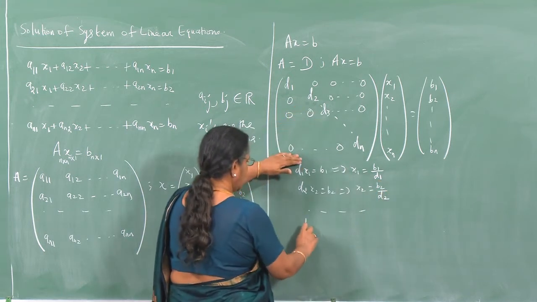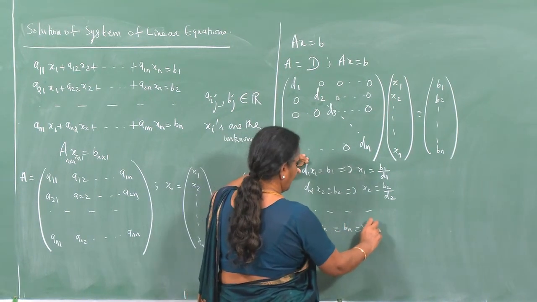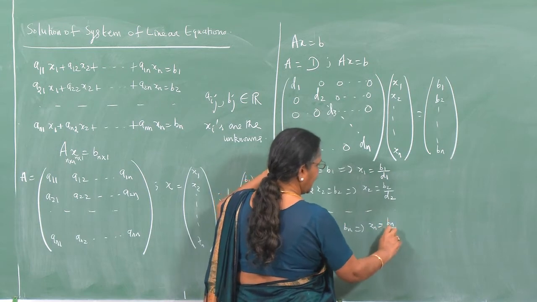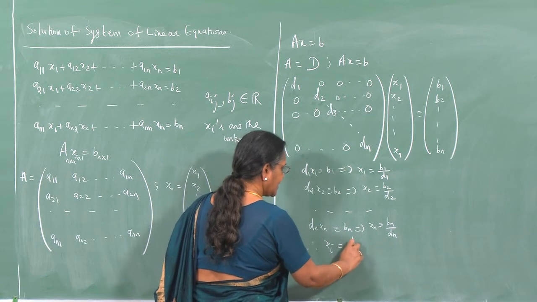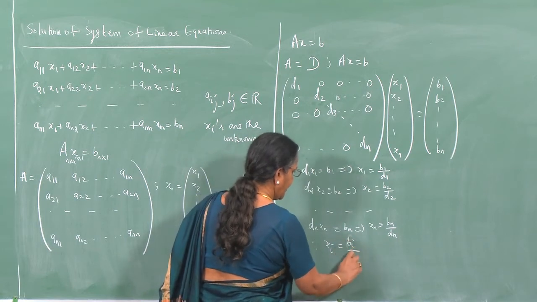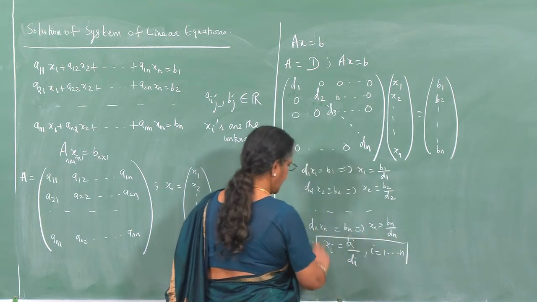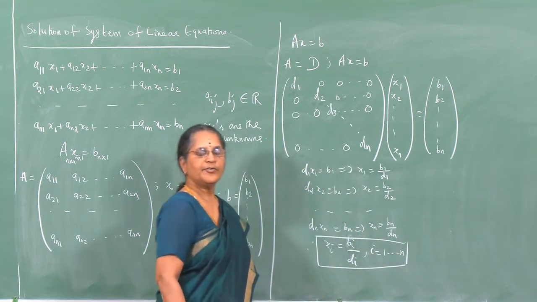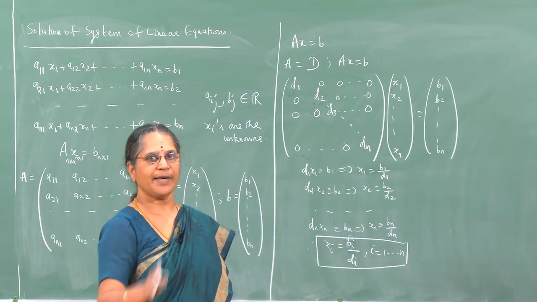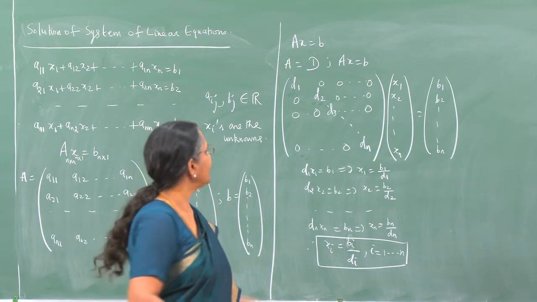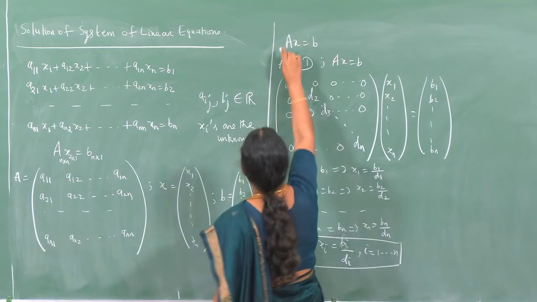The last equation gives you dn into xn is bn, and therefore xn is bn by dn. So, in general xi is bi divided by di, for i equal to 1, 2, 3 etc. up to n. So, if A is a diagonal matrix and you are asked to solve the system Ax is equal to B, then the solution is immediate. That is a very special case.